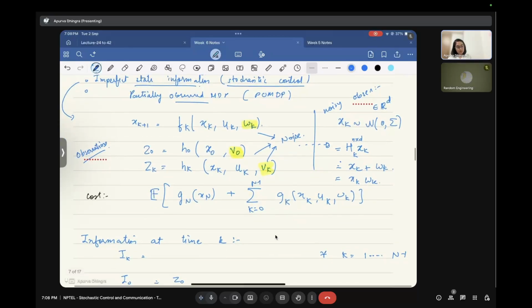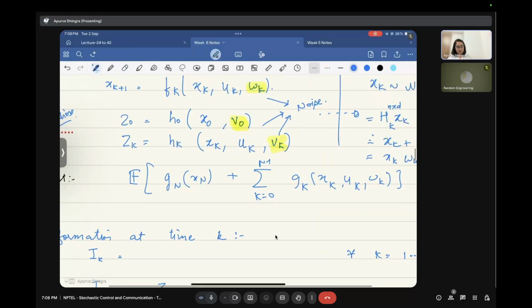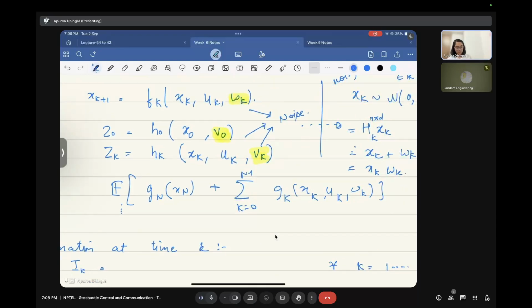Now, the only thing that has changed over here is what the expectation is over. In the previous case, the expectation would typically be over just WK. But here, the expectation would be over a couple of things. That needs to be defined more carefully, but roughly it will be over VK, all the sources of randomness.